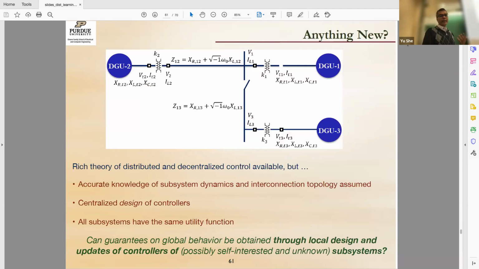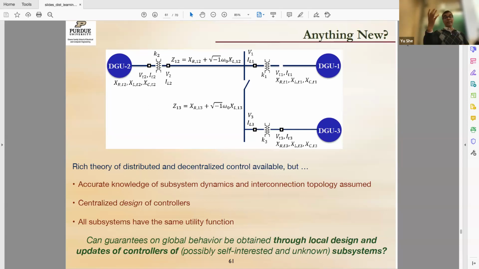So I'll go back and close the talk now. Distributed control is a very classical topic, right? But I think there are a lot of assumptions made in the literature that now, as we talk about larger and larger systems, swarms of huge numbers of vehicles and so on, need revisiting.